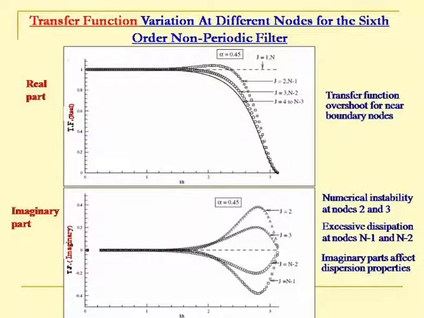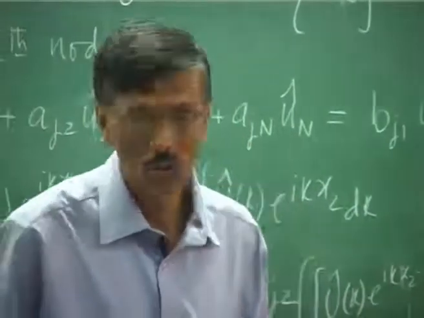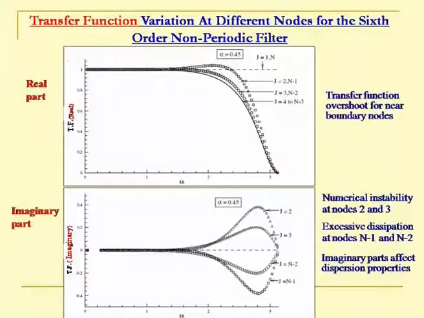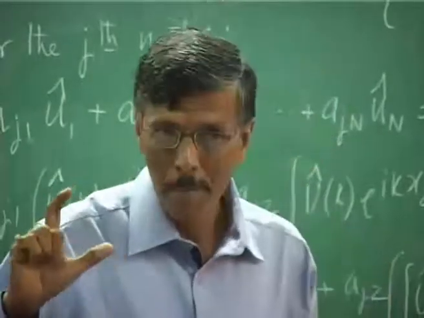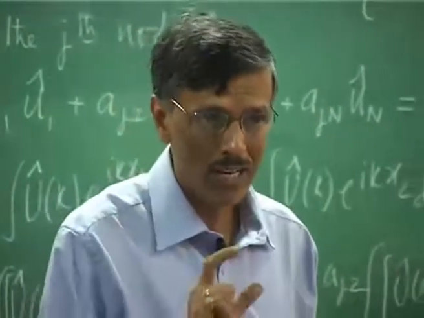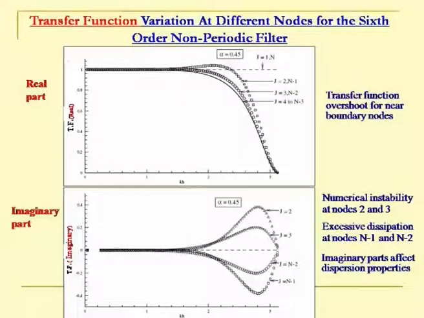We see some kind of an overshoot. Your desire is to reduce the amplitude at high kh, but for j equal to 2 and n, you can see there is an intermediate range over which, instead of attenuating the function, this transfer function actually amplifies it.